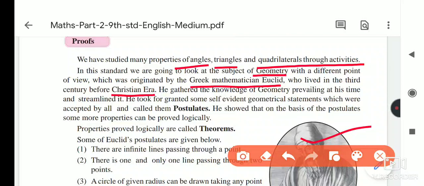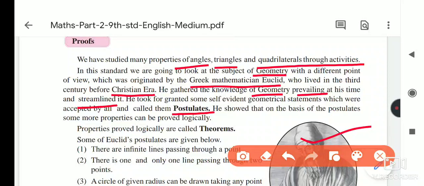He gathered the knowledge of geometry prevailing at that time and streamlined it. He took for granted some self-evident statements in geometry, which were accepted as postulates.